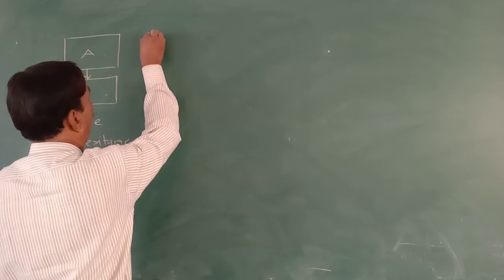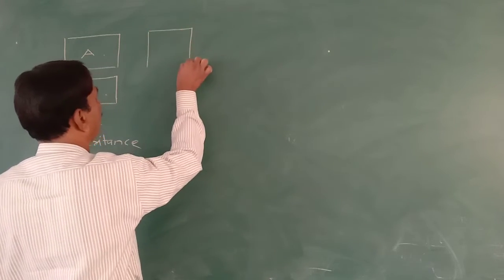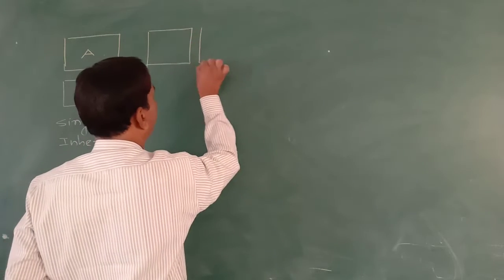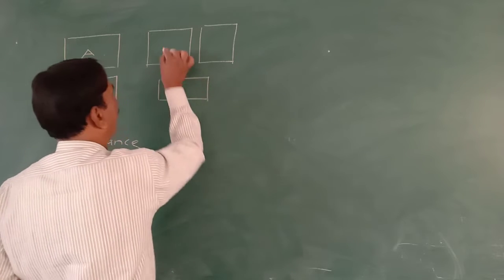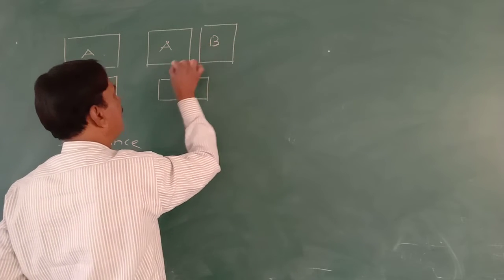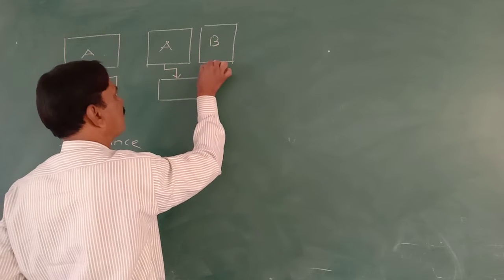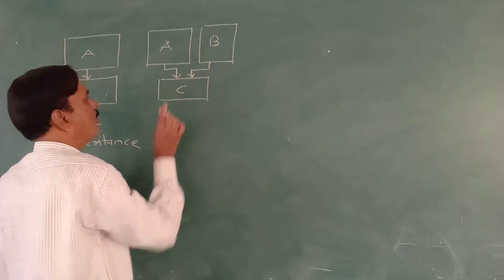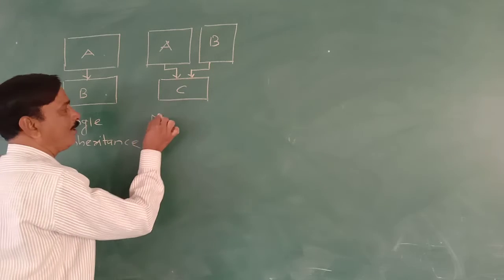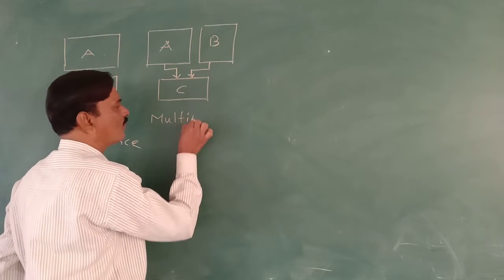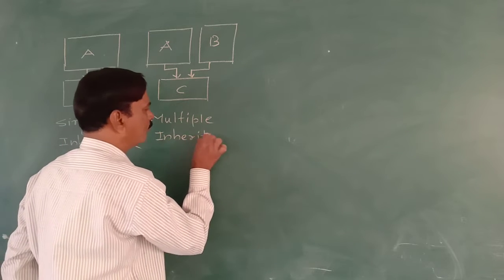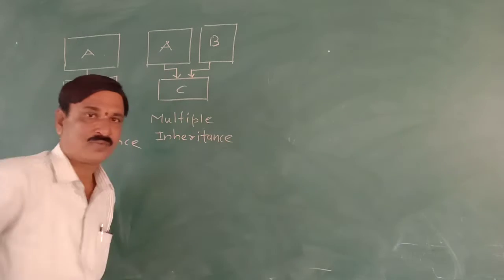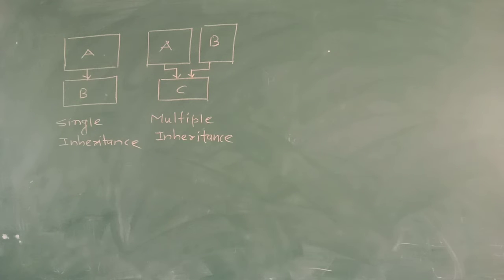Similarly, a class can be derived from two base classes. Say class A is there, class B is there, A inherits to this class and B also inherits to this class. Let us suppose this. This is called multiple inheritance. It is also possible that a class can be derived from several base classes.